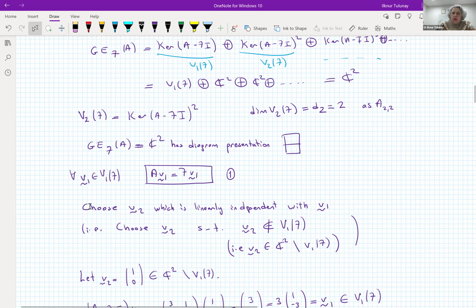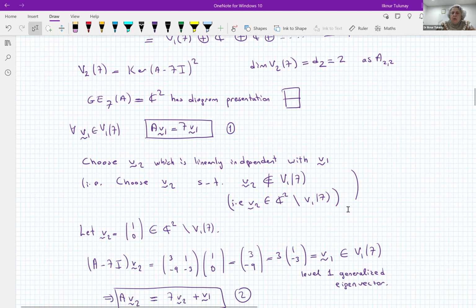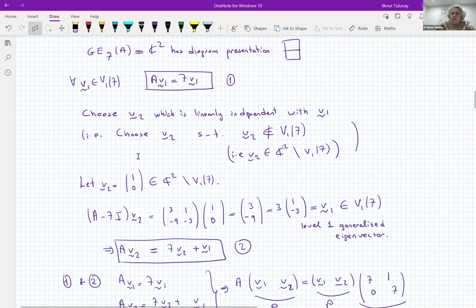Now we are going to choose a v2 such that v2 is linearly independent from v1. And v2 is inside C2, but not in the span of v1, because we want it linearly independent from the eigenvector v1. We want to build a chain now.